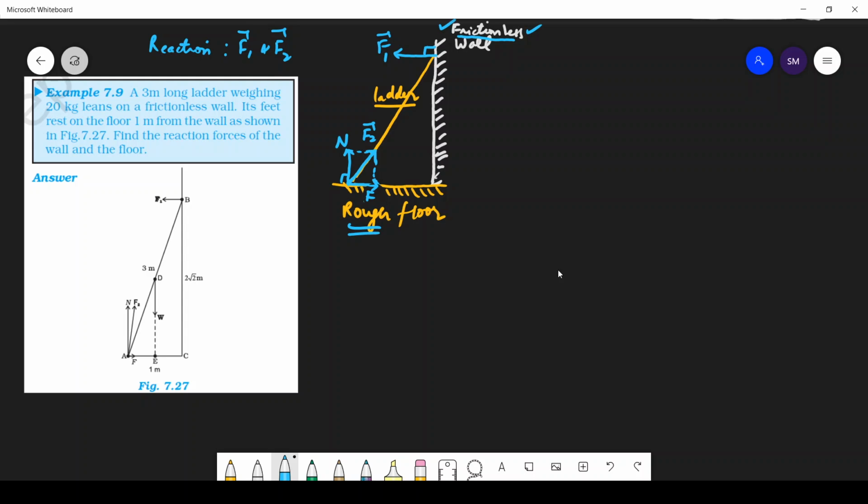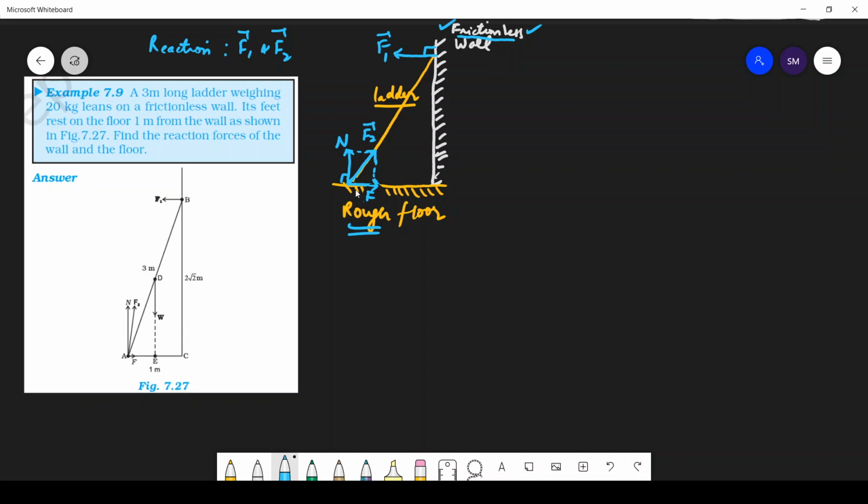Good question. See, we call this the normal force. The normal force is your actual reaction force that is perpendicular. So F2 is the resultant of frictional force and normal force.